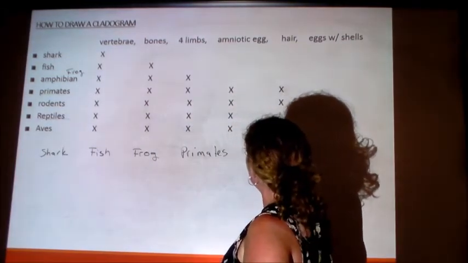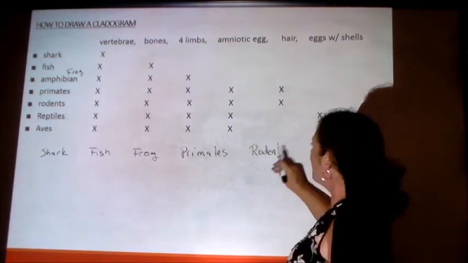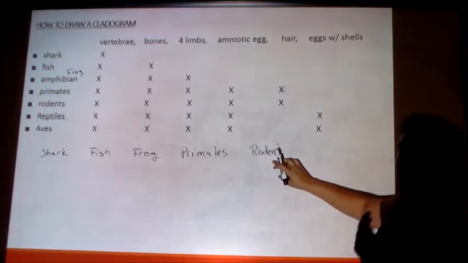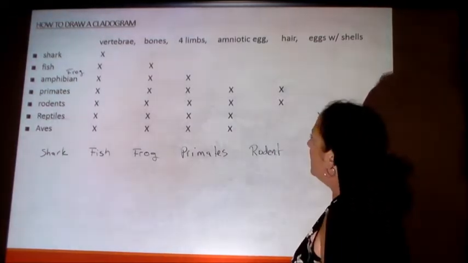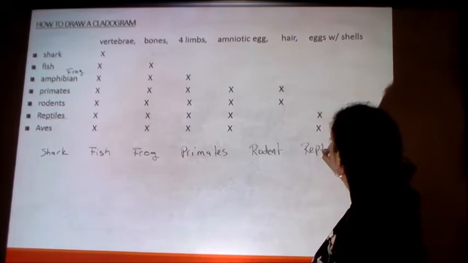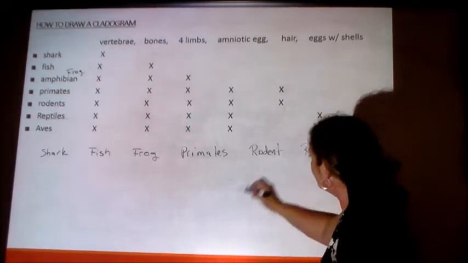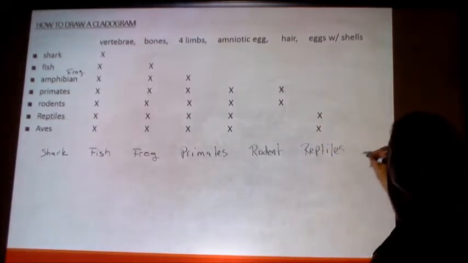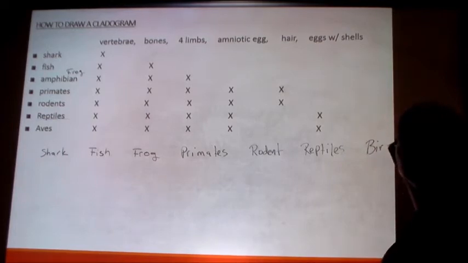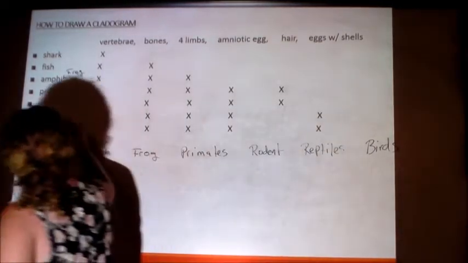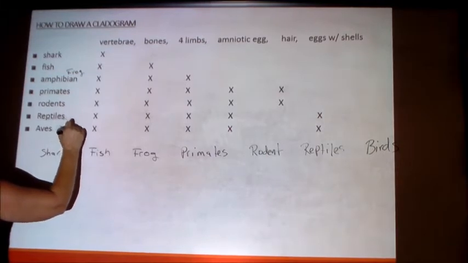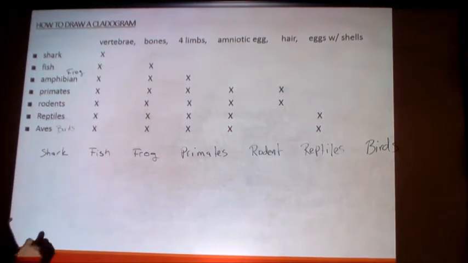Then we have rodents. These are things like mice, rabbits, rats. We have reptiles. Things like lizards, alligators, crocodiles, and then aves are birds. Okay? All right.